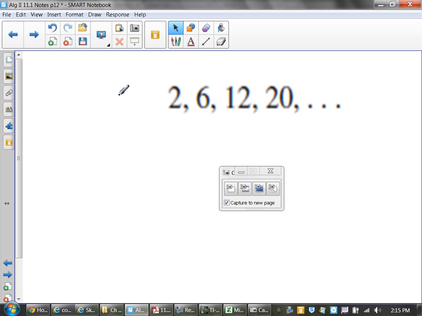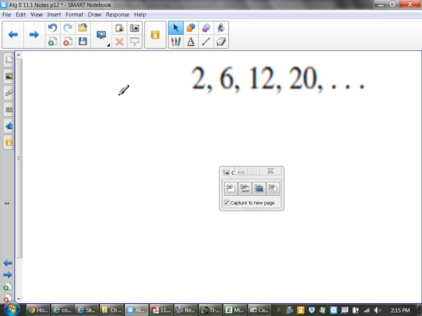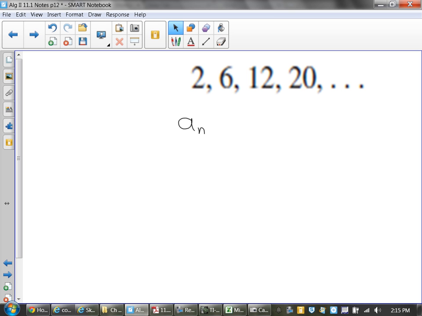What's happening between each of the numbers? 4, 6, 8. Now, remember, you're starting with your first term. So no matter what you do, your first term equals 2.